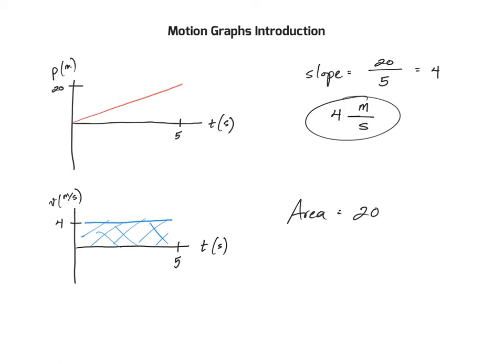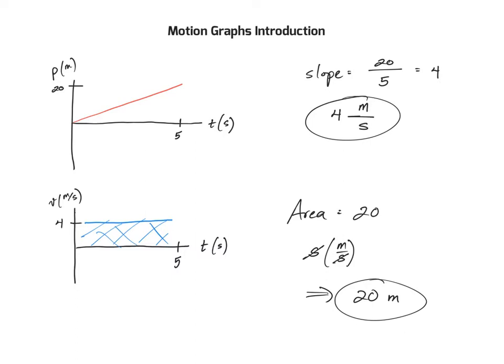Again, I'm hitting the units hard here. My base units are seconds, and my rise units are meters per second. If I multiply those together, the seconds cancel out, so I'm getting 20 meters for my area.